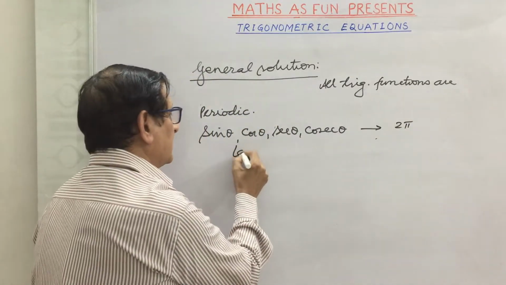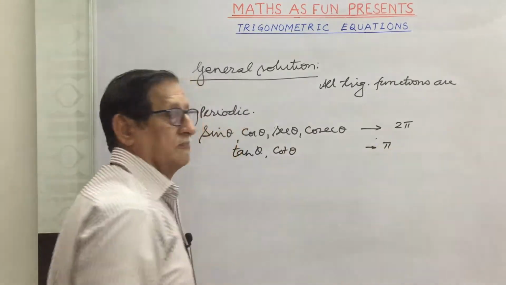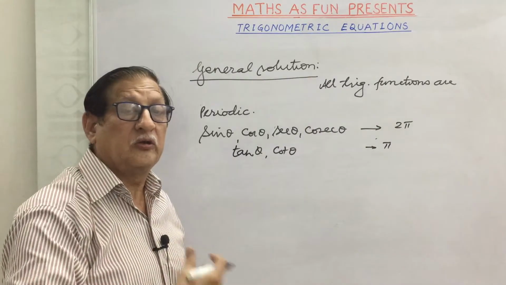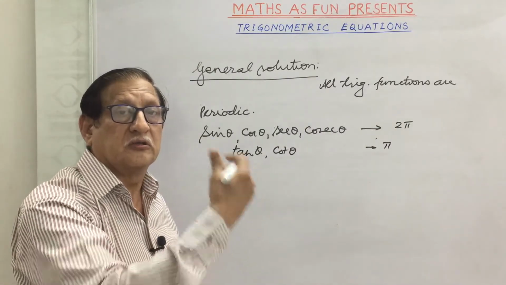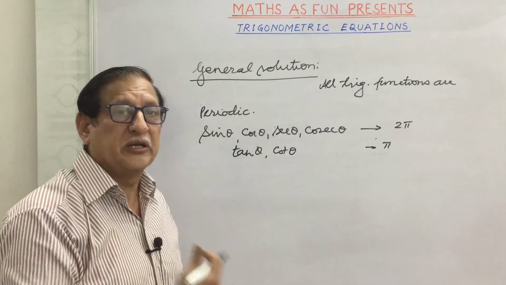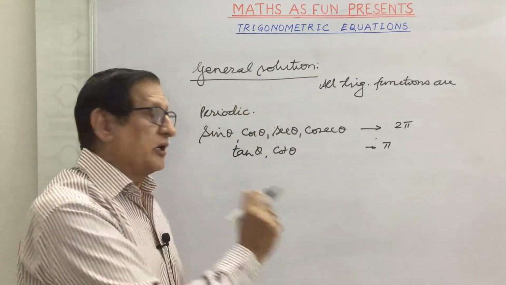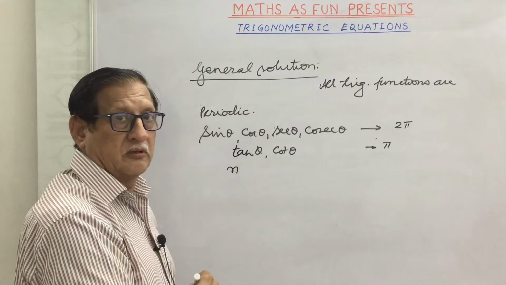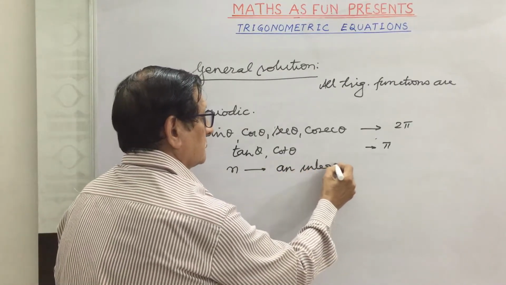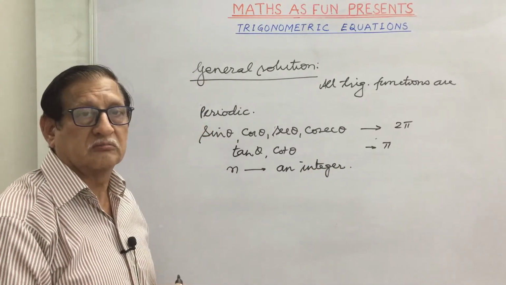And if we talk about tan theta and cot theta, their period is pi. So according to their periods, the value of the trigonometric function repeats. And that's why there will be infinitely many solutions. So we need the solution of an equation in terms of n, where n is an integer. That will be known as the general solution.